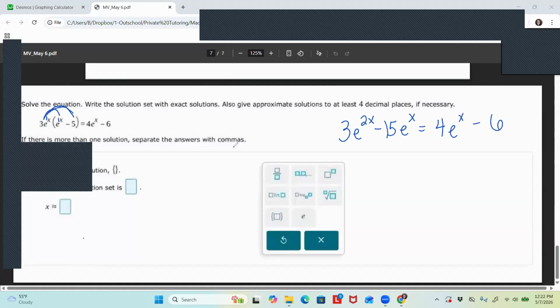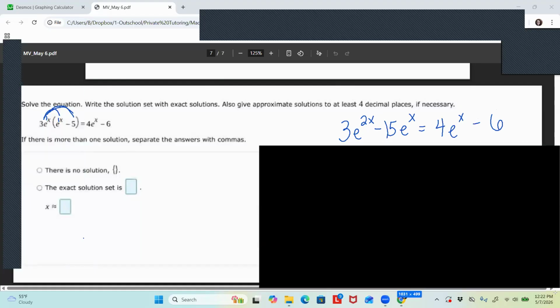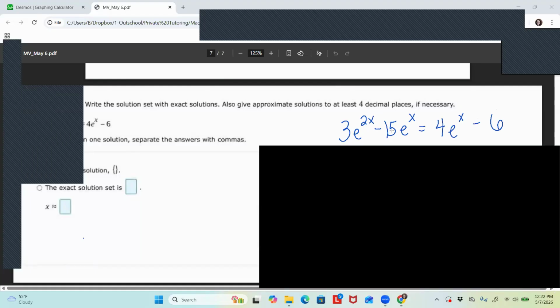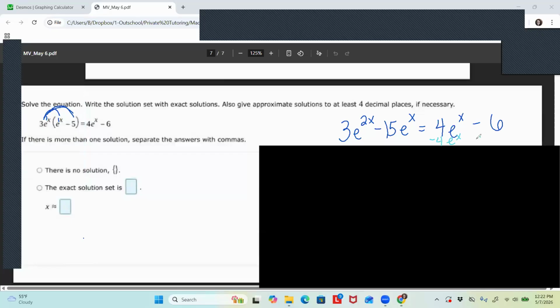This one is going to be one of those pretend ones again. But let's get everything over to one side. So let's minus 4e to the x, and let's add 6. So that's 3e to the 2x minus 19e to the x plus 6 equals nothing.